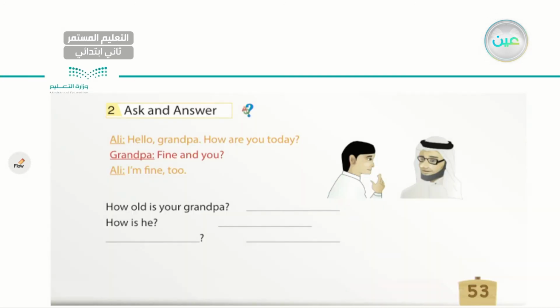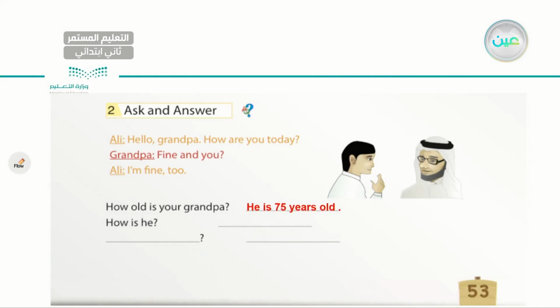This is the lower part of page 53. Hello, Grandpa. How are you today? Grandpa, fine. And you? I am fine too. Now I have some random questions about your grandpa. How old is your grandpa? You can give me the number or the actual age of your grandfather.